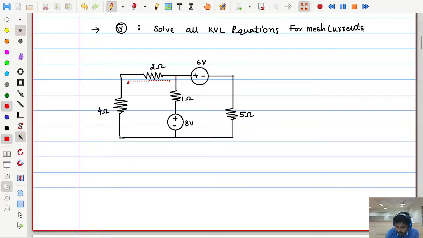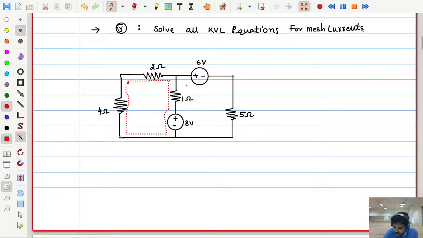So I will take a turn here and continue my journey like this. Again here some wall is coming, so I will take my path to the left side, and here again a wall is coming, so I will take one turn. Like this you travel inside the loop. So this can be one mesh.